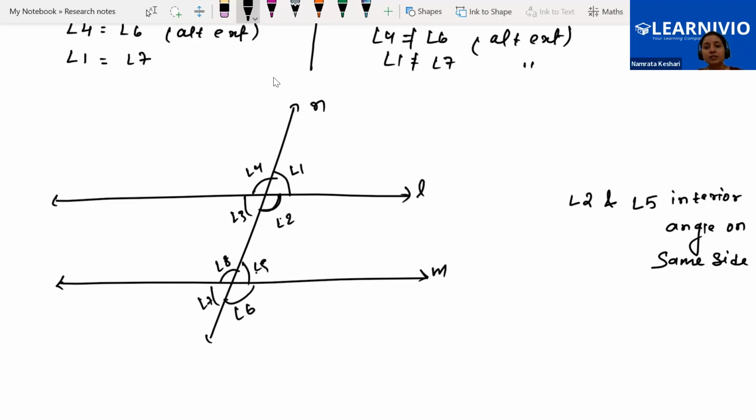Whatever I am writing in statement form, it's making sense. Okay, it's on same side and it's interior. Interior means inside. Okay, inside angle. Angle 3 and which angle are interior angle on same side? 8. Yes, it's interior angle on same side.